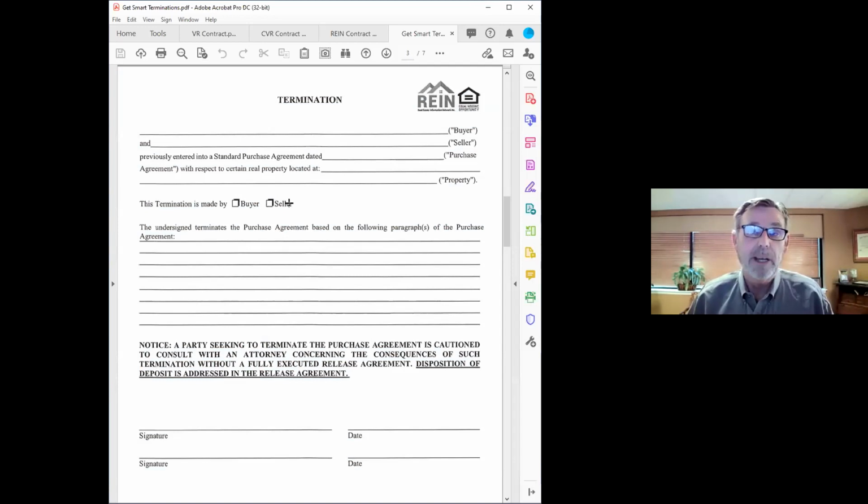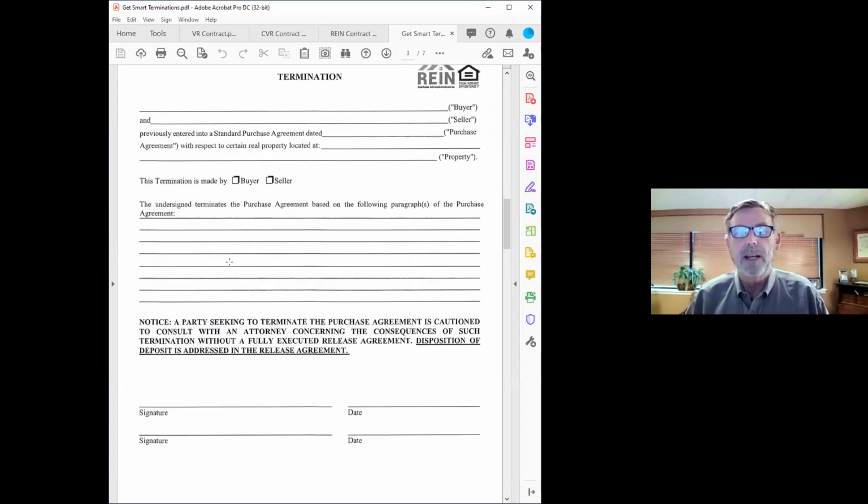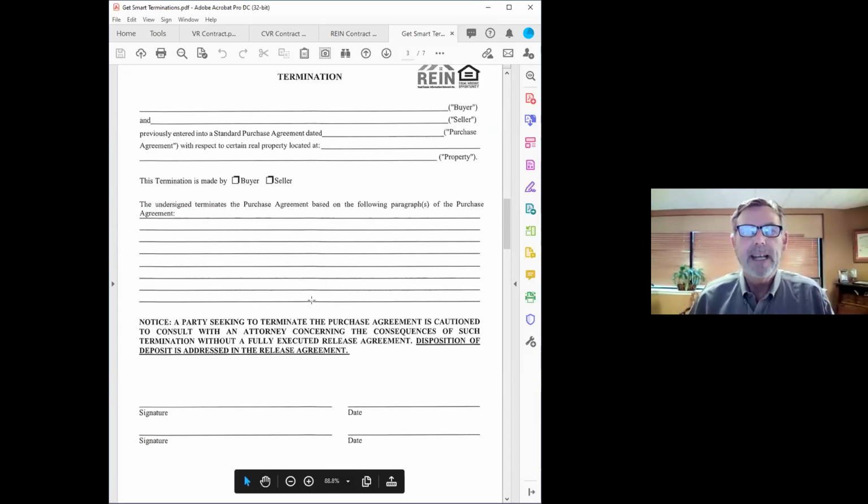Sellers do have the right to terminate, as we've noted, but let's say this is a buyer termination, so it's being checked by the buyer. Undersigned is terminating the agreement pursuant to the Property Owners Association Act, paragraph whatever of the contract. They sign and date it.